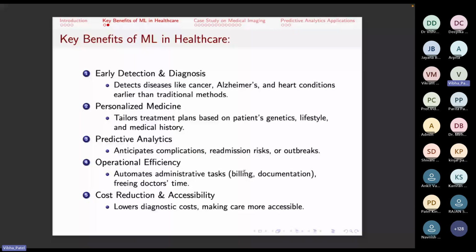So diseases like cancer, Alzheimer's, heart conditions, if they are treated earlier, they can actually benefit patients a lot. If we proceed with a traditional method, at times it may stay undetected, because Alzheimer's is something which people generally don't bother about even in the early stage. They may not notice the symptoms of Alzheimer's unless it is prominent in their day-to-day activities.